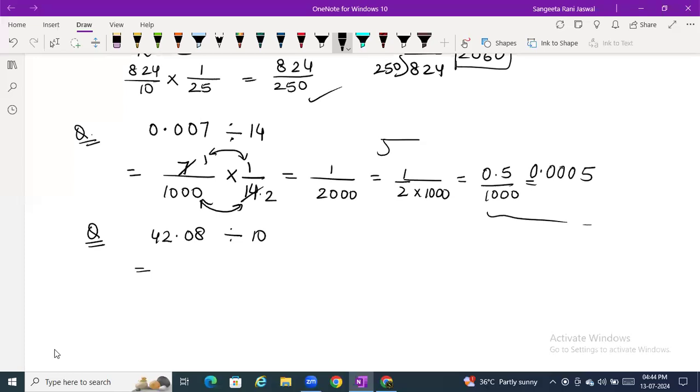You just have to shift the decimal place. 4.208. Very good. 4.208. Good evening, ma'am. Good evening, beta. So you just have to shift the decimal place towards the left side.